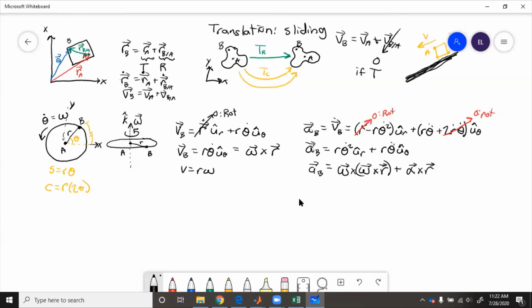So this omega is the rotation of body AB, and the radius is B with respect to A.